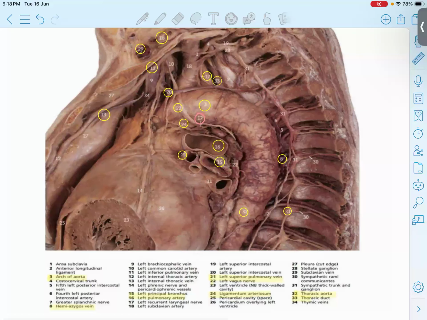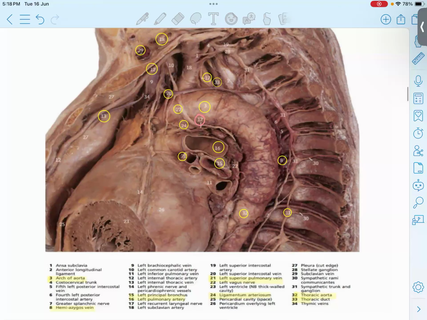Now come to this 24. Here is ligamentum arteriosum. It is a very favorite question of the examiner. What is 24? 24 is ligamentum arteriosum. Okay, then come to the nerve. 22, this nerve, it is anterior. So what will it be? It will be vagus nerve.